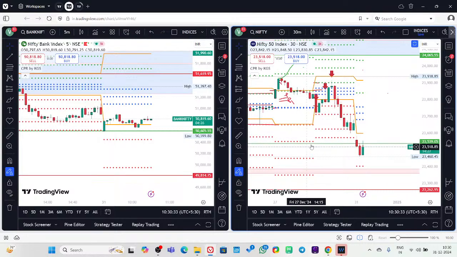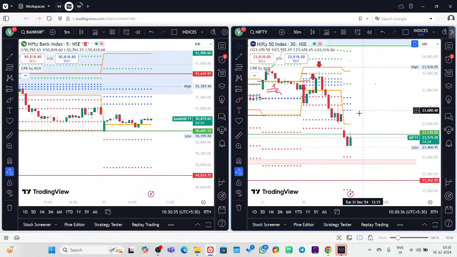So let's see here. Once the demand zone is crossed and price closes below this area, there is a high chance of follow through. You can see here it is rejecting this line.